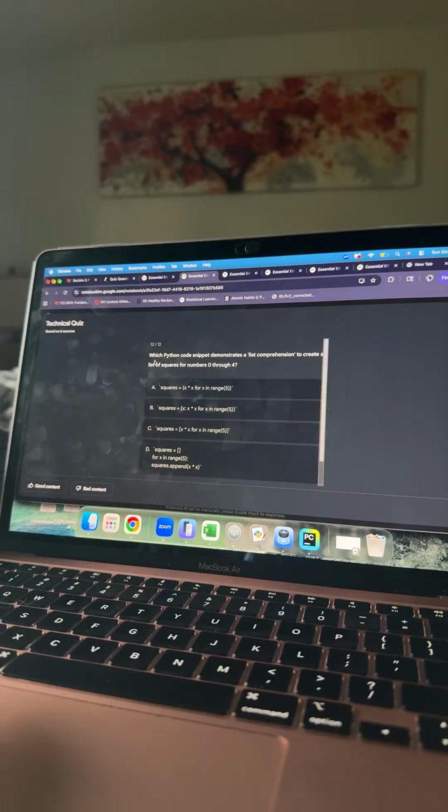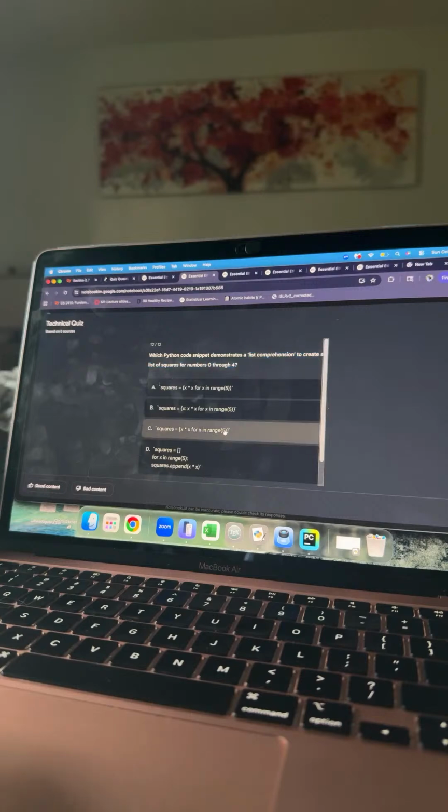Next. Which Python code snippet demonstrates a list comprehension to create a list of squares for numbers 0 through 4?